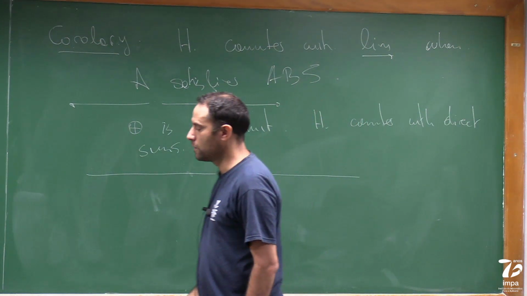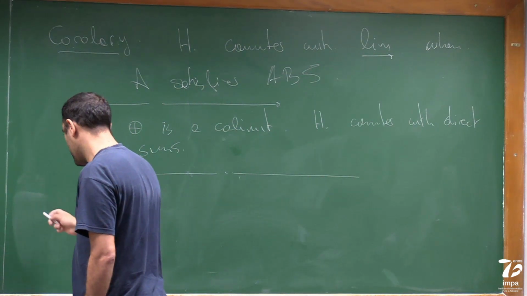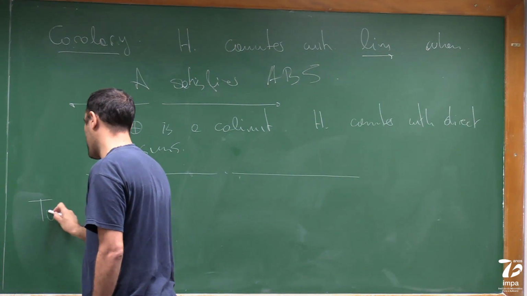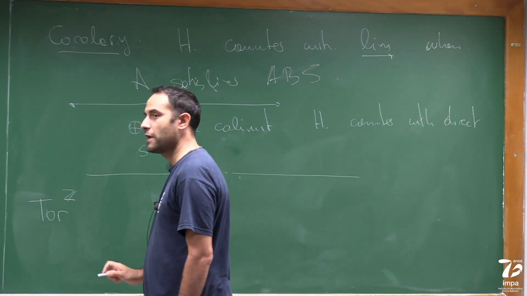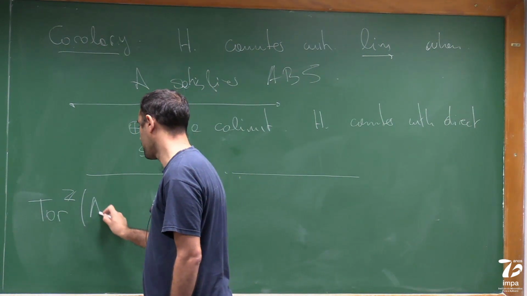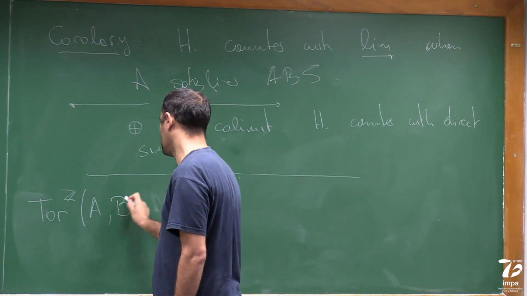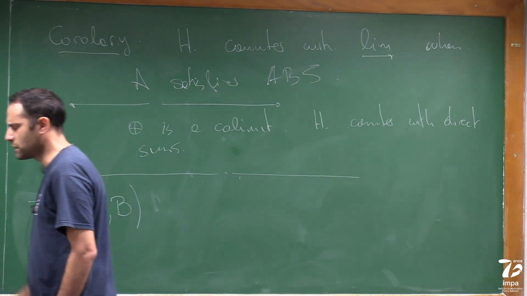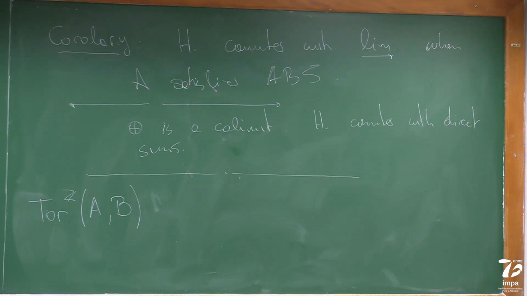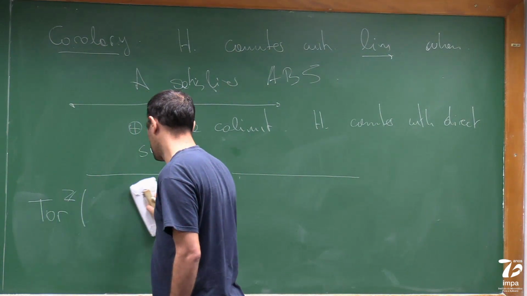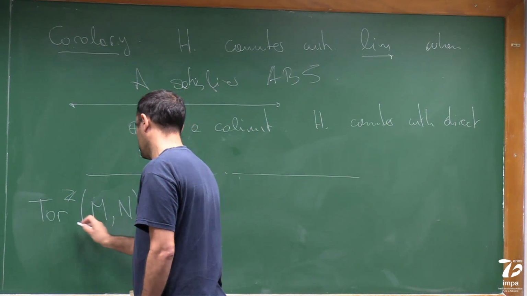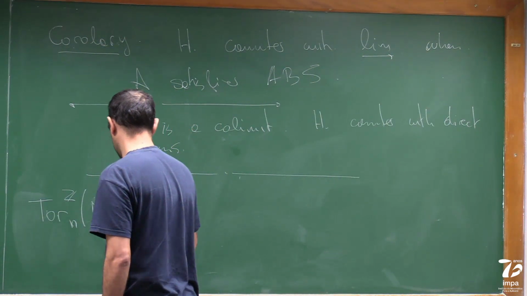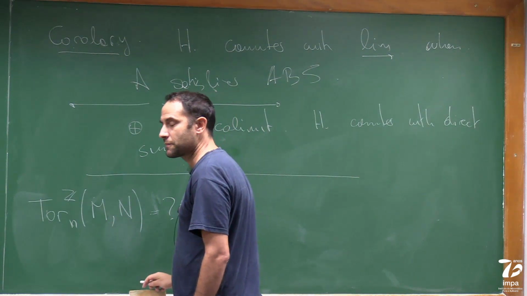Okay, so let's go back to the beginning of the lecture and look at the torsion on abelian groups. I think I was using M and N. So I want to understand this.